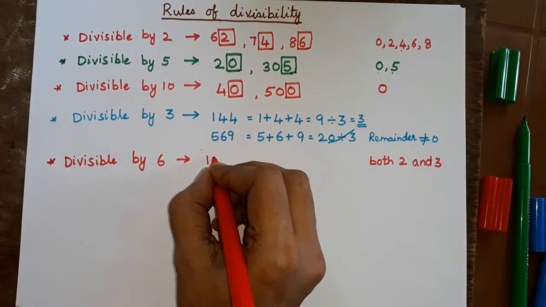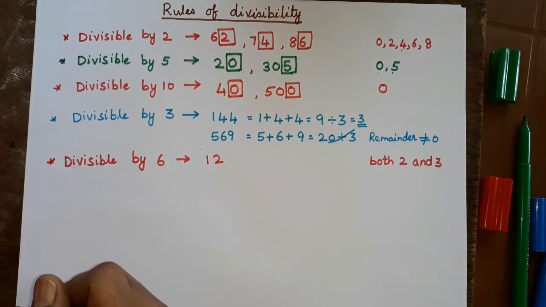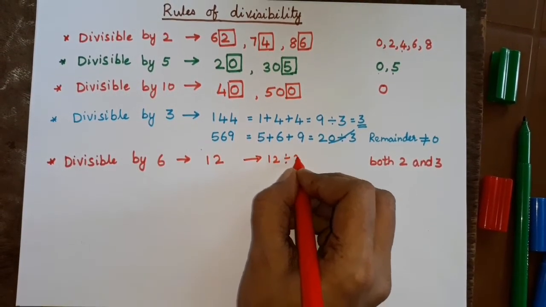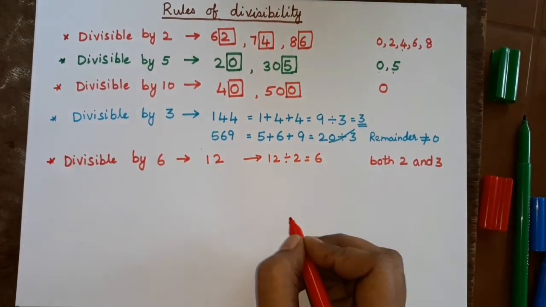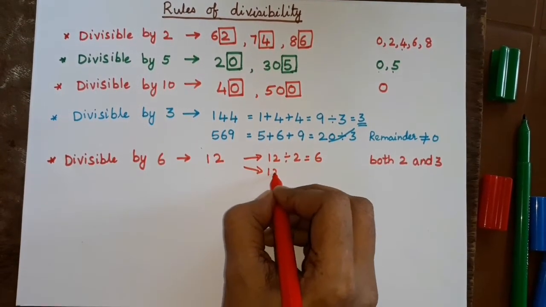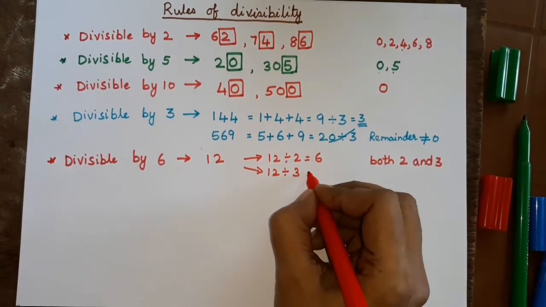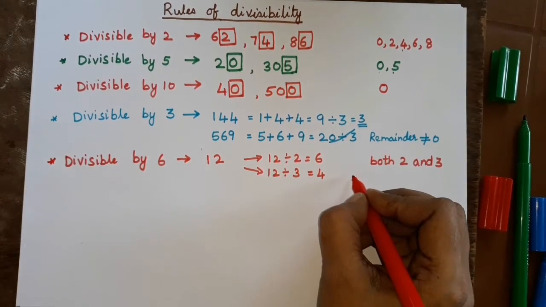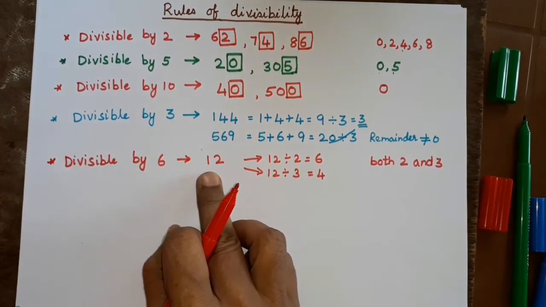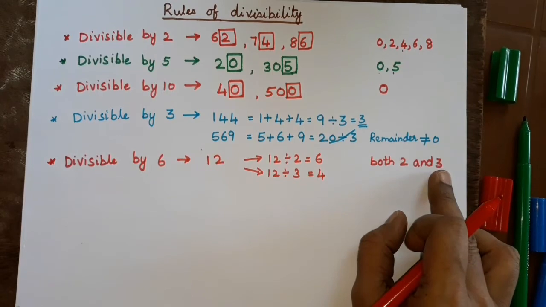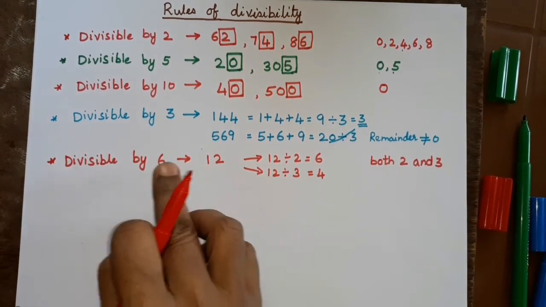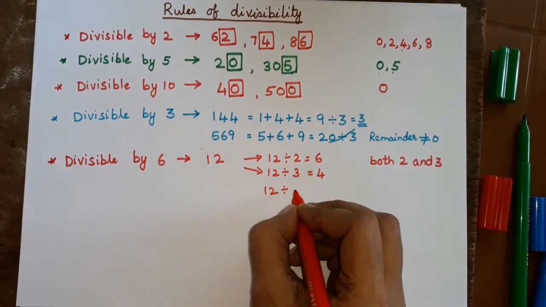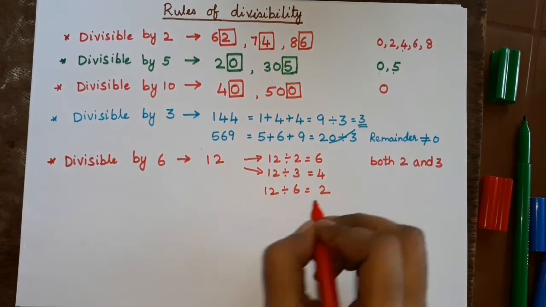For example, we will take the number 12. Is 12 divisible by 2? 12 divided by 2 is 6, remainder is 0. Is 12 divisible by 3? Yes. If we divide, we get the quotient 4 and the remainder is 0. So 12 is divisible by both 2 and 3. Then 12 will be divisible by 6. 12 divided by 6 is equal to 2, which is fully divisible.